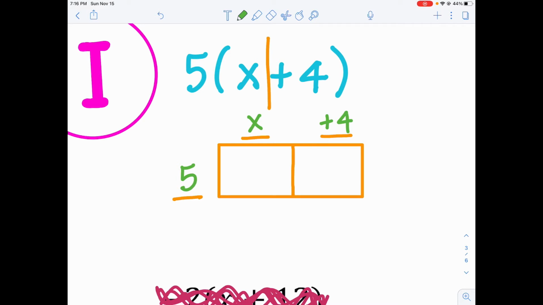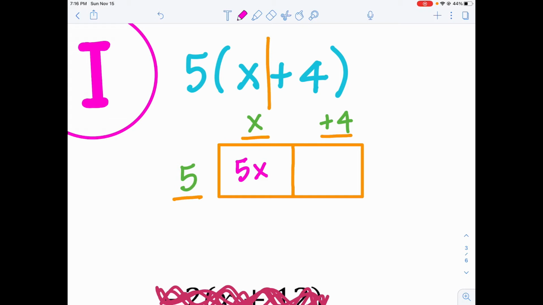Now we're going to multiply to get what goes inside the boxes. This one, a lot of you have not done. 5 times x is just 5x. So a number times a variable is that number of variables. So 5 times x gives me 5 x's.